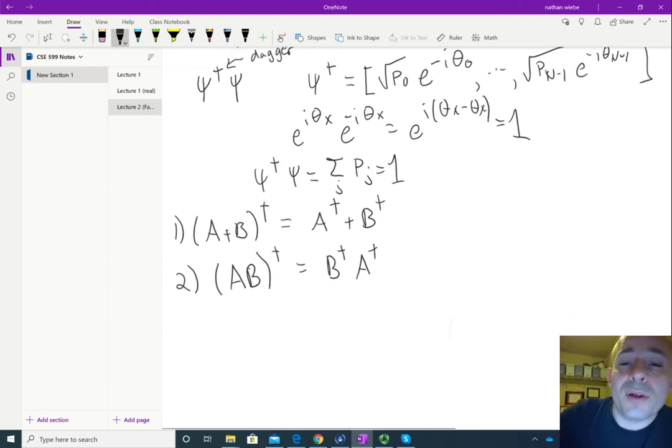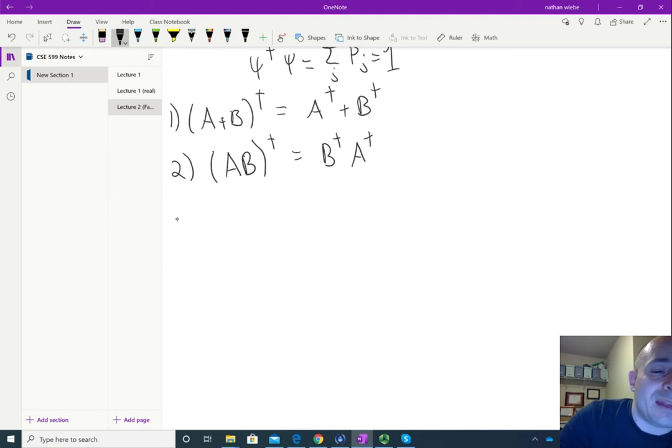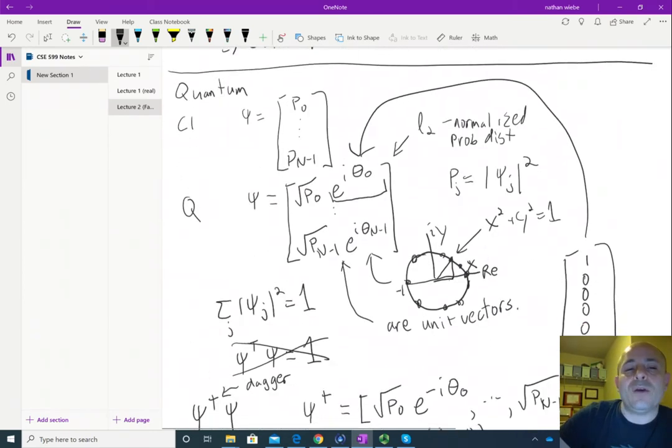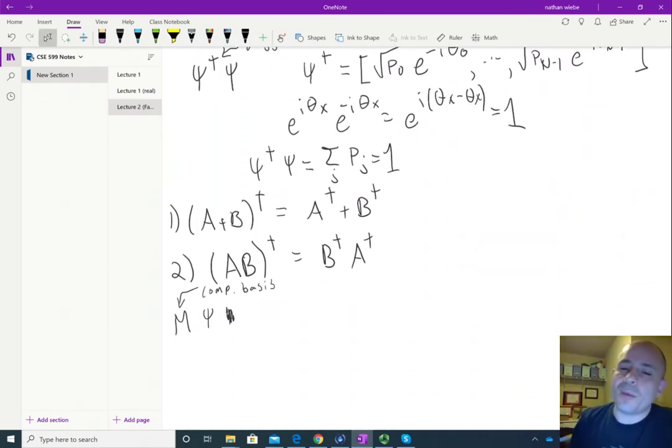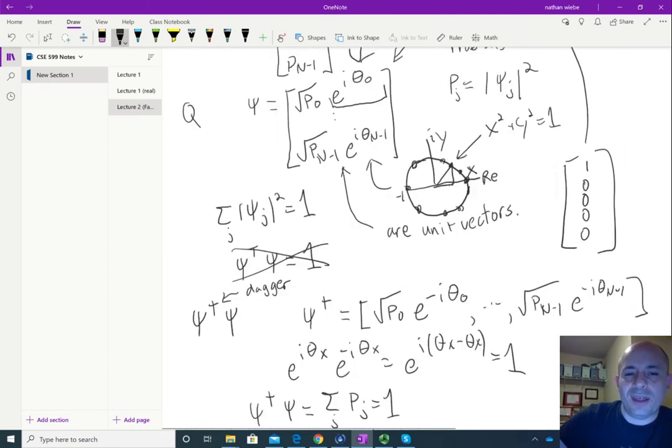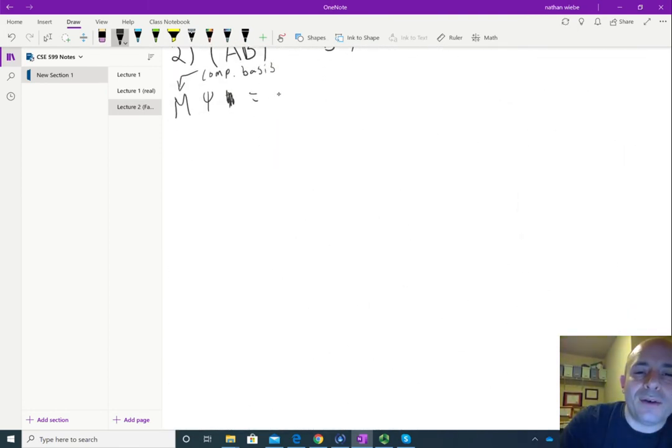Also, I should describe one final thing that comes in, which is measurement. When we have measurement acting on a quantum state, and I'm assuming here that this is a measurement in the computational basis, what this will do is yield a copy of e_j with probability p_j, where p_j is again formed from the square of that thing. In quantum theory, we often don't restrict ourselves to measurement in a single basis, but in quantum computing, when people talk about measurement, they typically mean a measurement in the computational basis.